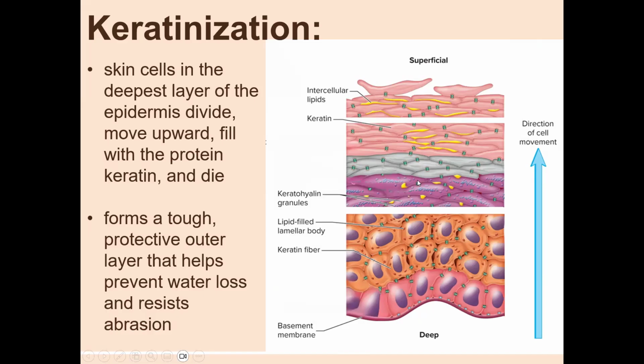They're just filled with keratin. This is what's going to form that tough protective layer, and it also forms a little bit of a barrier against water loss. The process of this we call keratinization. The cells that produce keratin are your keratinocytes. This whole process of the cells filling with keratin is keratinization.